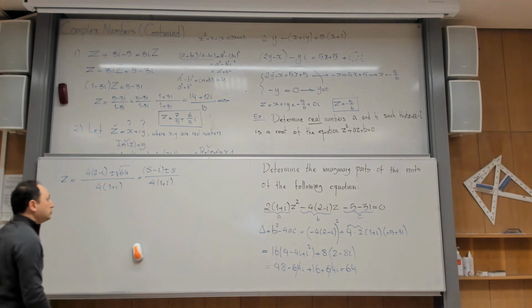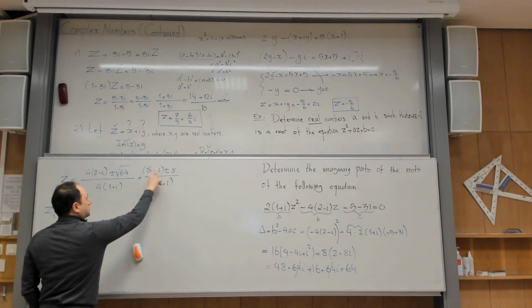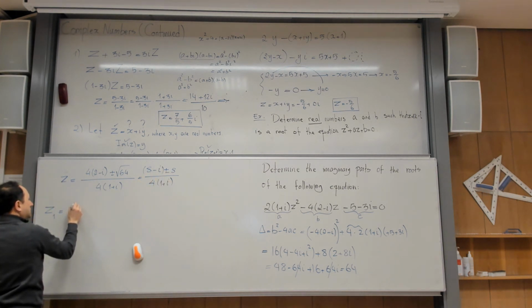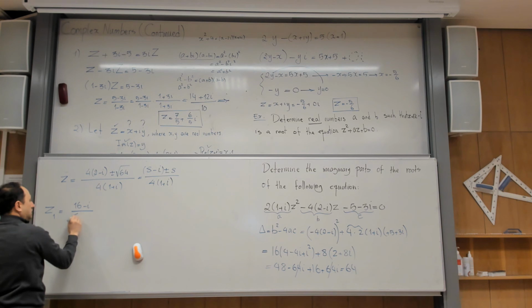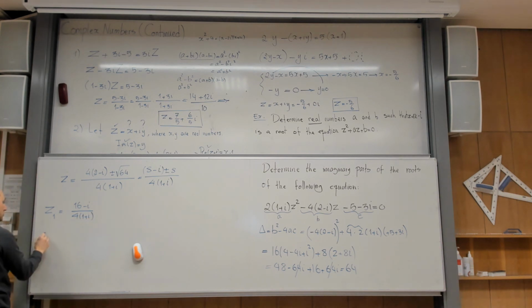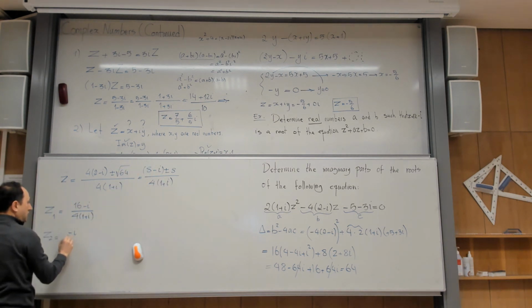So I will have 2 roots. One root, let me call it z1. I take the positive sign, 8 plus 8 becomes 16 minus i, divided by 4 times 1 plus i. This is one of the roots. The other root, I have to take the negative value. So minus 8, 8 are gone. So it becomes minus i divided by 4, 1 plus i.